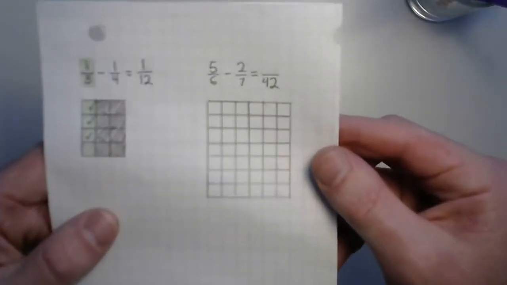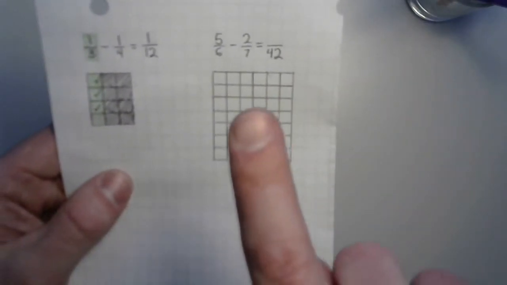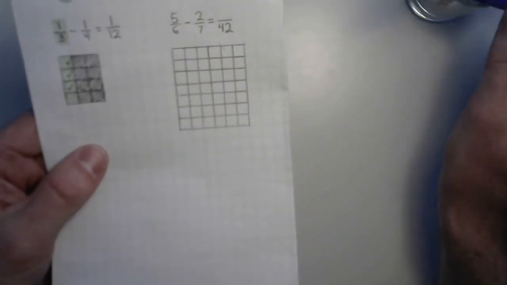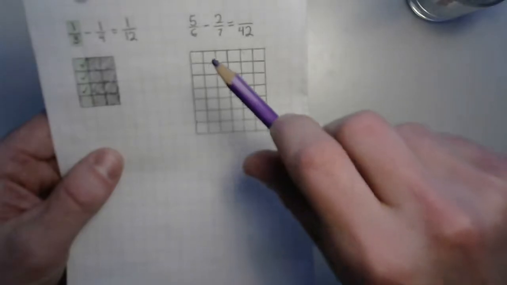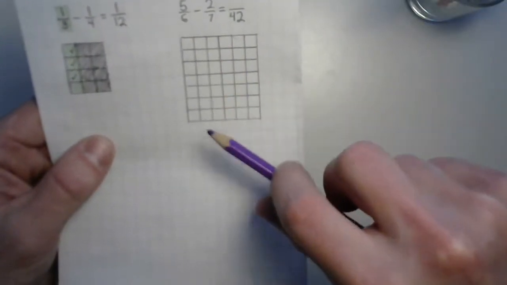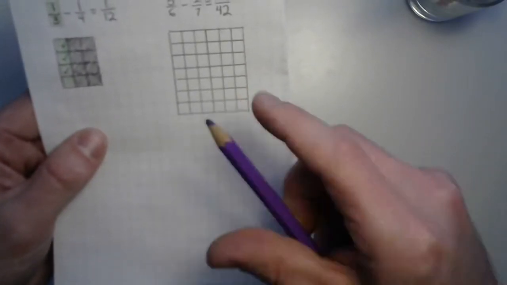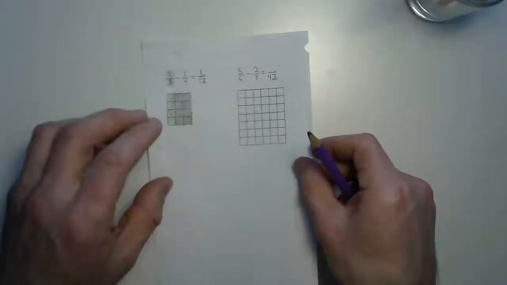Now again, how many pieces do we have? 5/6. So we're going to choose a color, and we're going to shade in 5 of these 6 columns. That last one we're going to shade in gray because we don't have it.